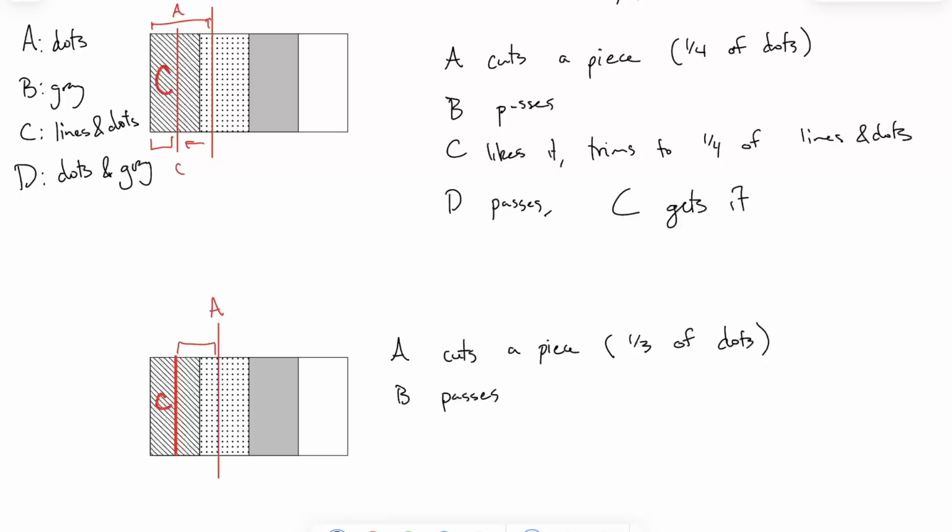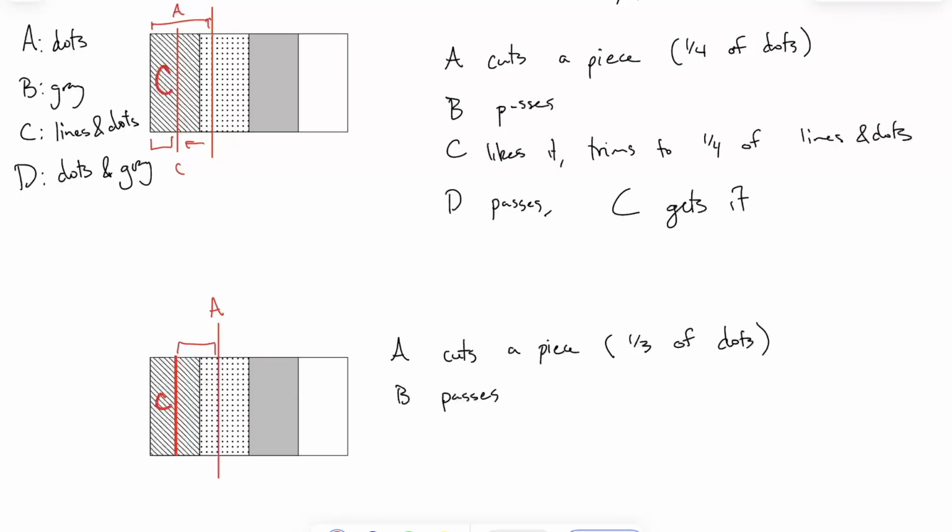C is out of the game, so we don't consider C anymore. D likes the dots and the gray area. So D likes this area right here, from here all the way over to the end of the grays. I think that's less than 1/3 of this whole dots plus grays area. So I would say D also does not like that piece.